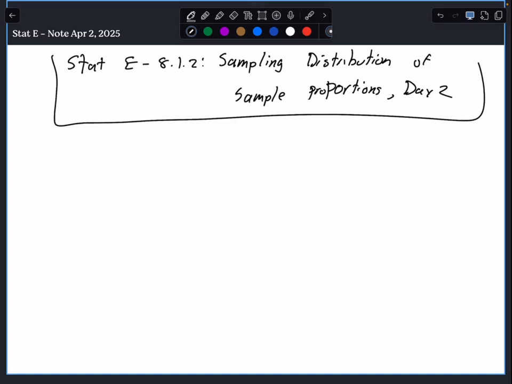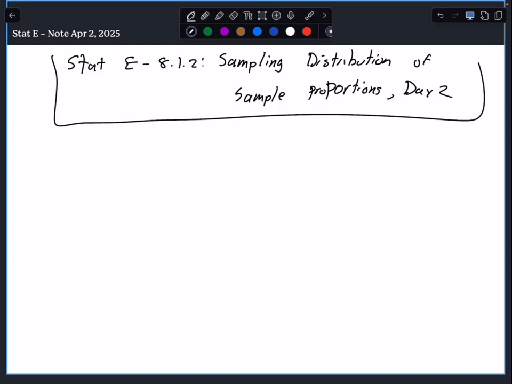To answer the final question at the end, we are going to have to use normal CDF. So normal CDF is a part of the assignments for this unit. That was one of the main reasons why we learned about the normal model. You're going to use normal CDF this unit. That's the bad news.